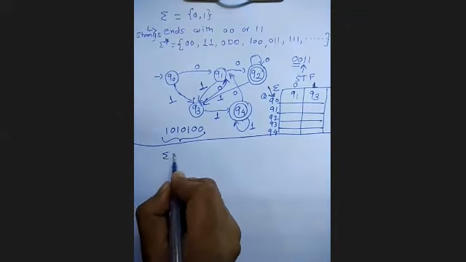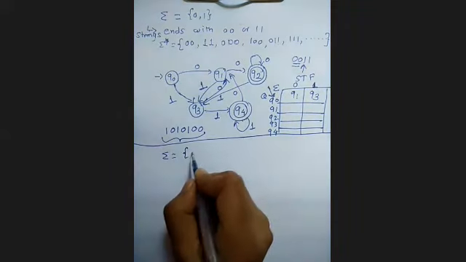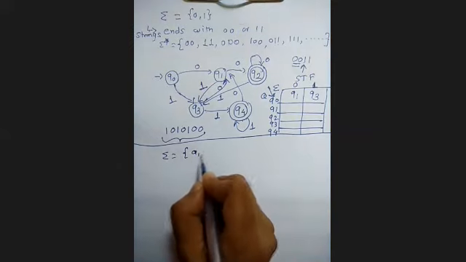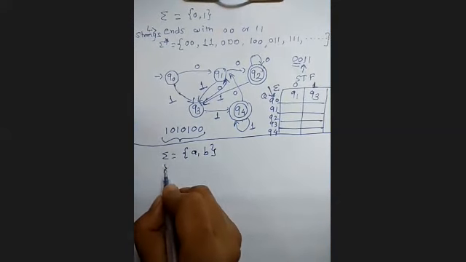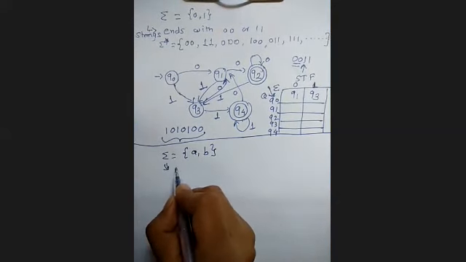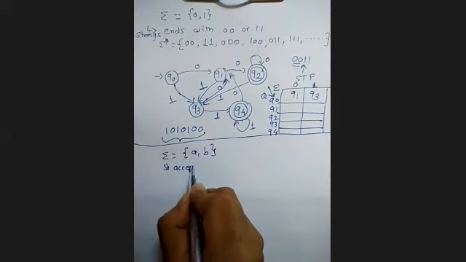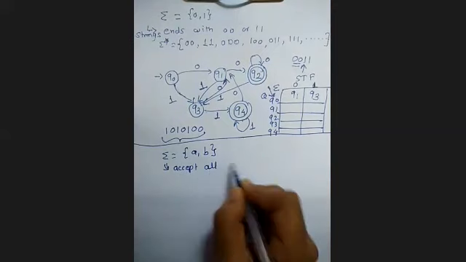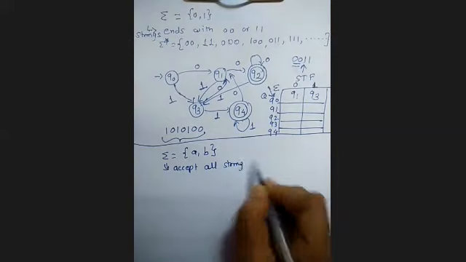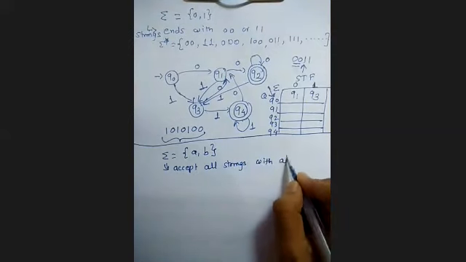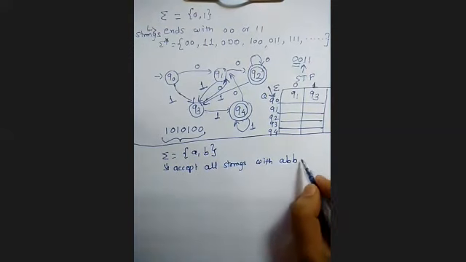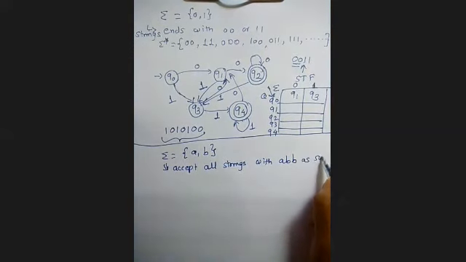Let us consider the input alphabet of A and B, and you have to accept all strings with ABB as a substring.